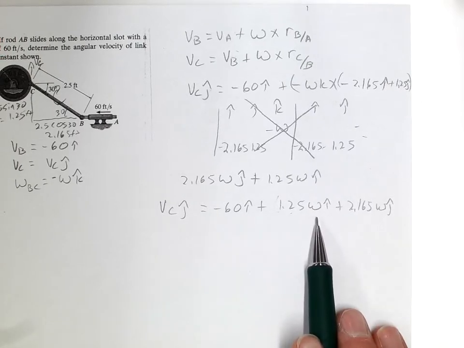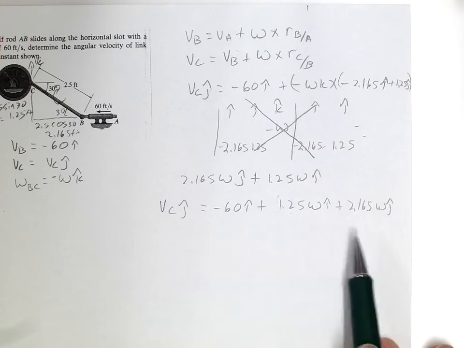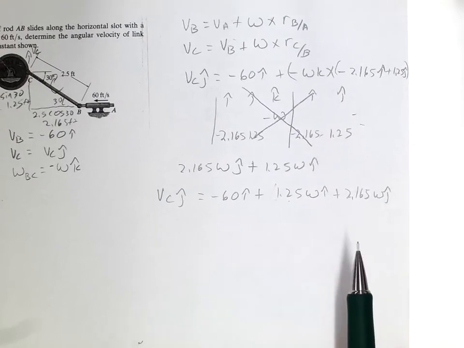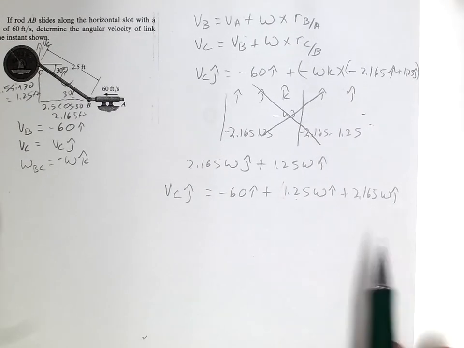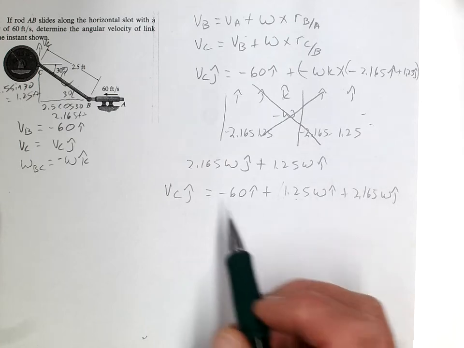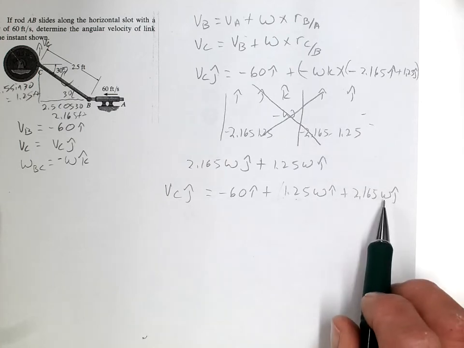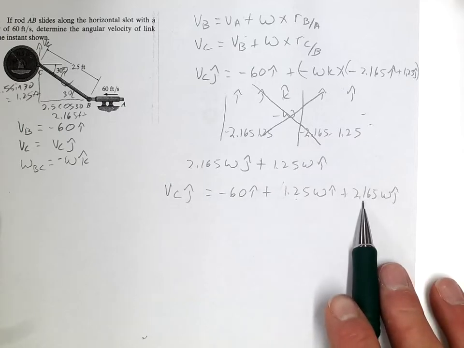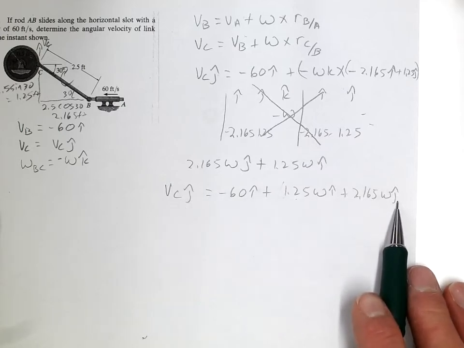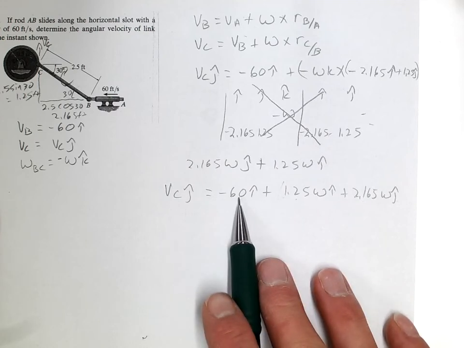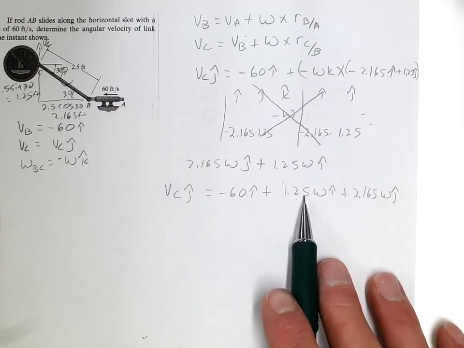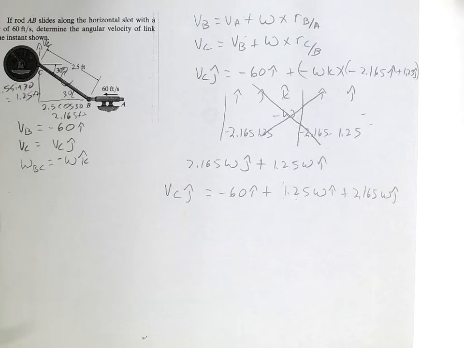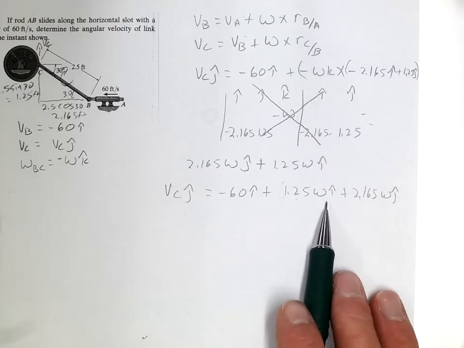So we need two equations, and here we only have one. So we will separate this equation into two, because we know the components add. So VC in the J has to be equal to 2.165 omega in the J, and 0 is equal to negative 60 in the I plus 1.25 omega in the I.